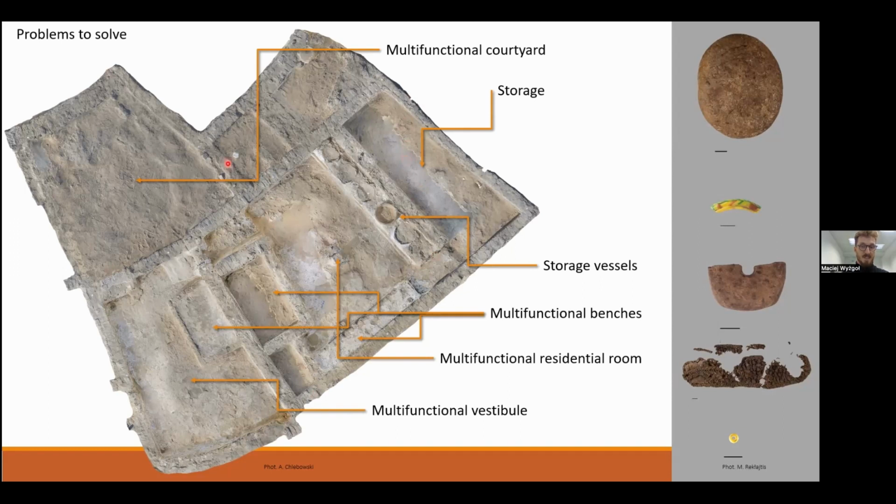And on the other hand, the open courtyards did not have many pieces of equipment. So as a result, and I'm purposefully oversimplifying that, we have house compounds comprising multifunctional courtyards that gave access to multifunctional vestibules, multifunctional residential rooms equipped with multifunctional benches, and only the storage function was identified with certain spaces.